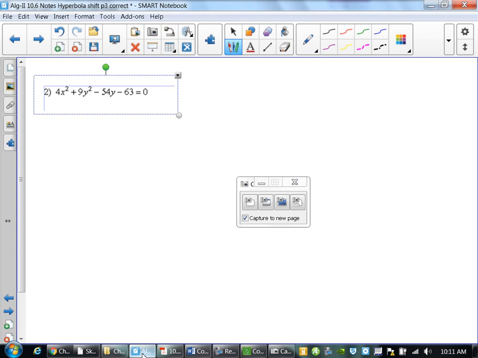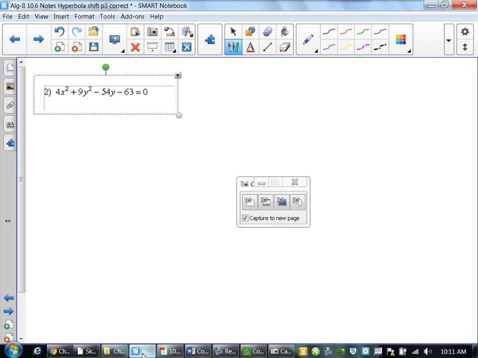Hey, Miss Murphy. This one here, you wind up with the center at 3, -2.